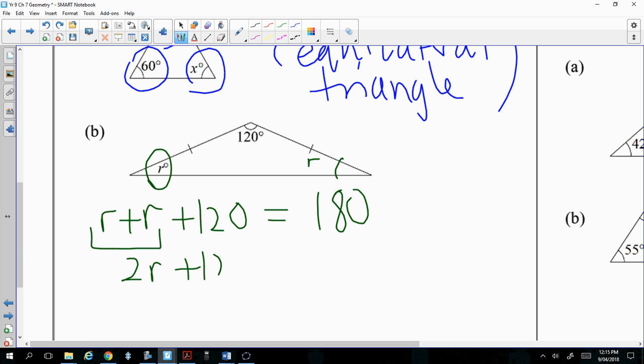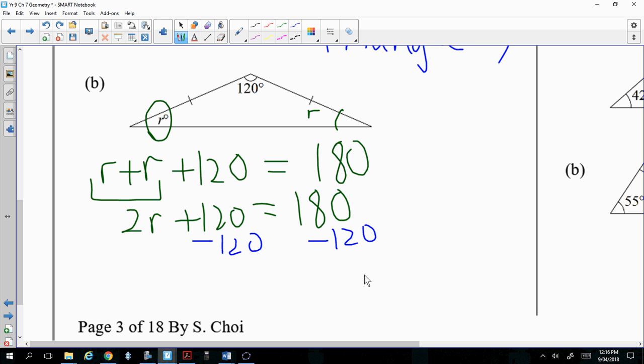And then what do we do? We subtract 120. Very good. And we get 2r equal to 60. Now how do I get r? You halve it. Very nice. Good. So if you halve it, you get 30 degrees. So we'll work out r to be 30 degrees.